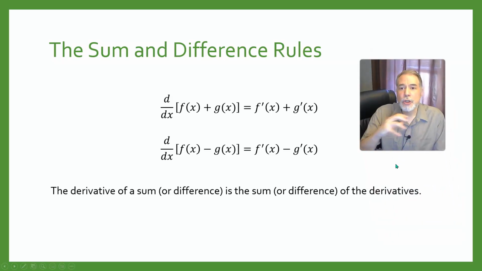Finally, and this is a 2-for-1, 2 rules for the price of 1, the sum and difference rules. The derivative of a sum is the sum of the derivatives, and the derivative of a difference is the difference of the derivatives.